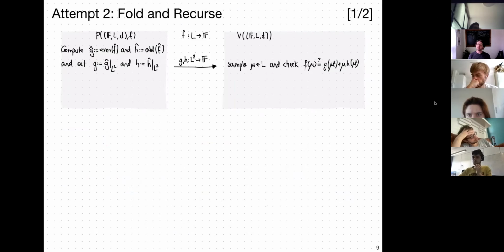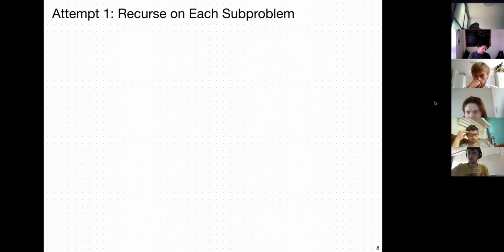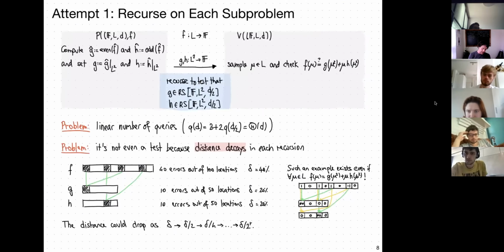I have a question. Yes, please. Why is that distance decay a problem? That's an important question. Suppose that we want to test whether a function is far from having low degree. We reduce the problem, by each round of interaction, into checking some other problem of low degree. If at first we started 40% far from being low degree, then there is some probability that we can catch it.